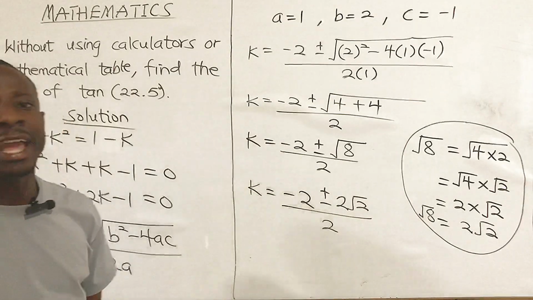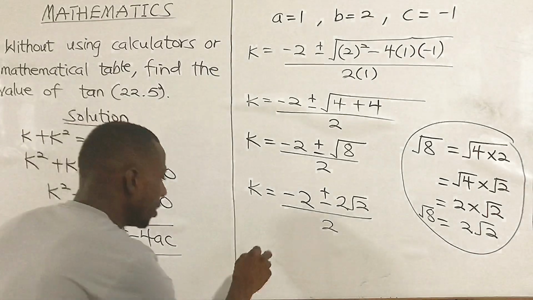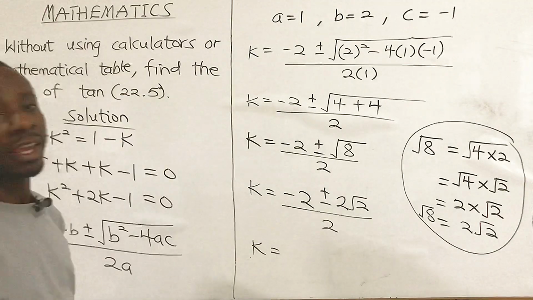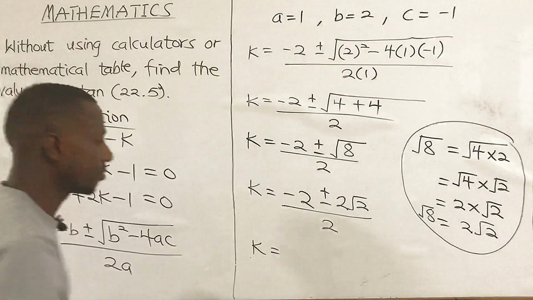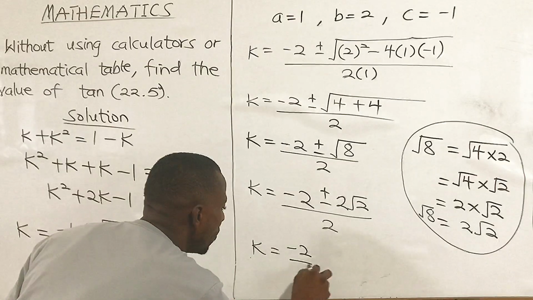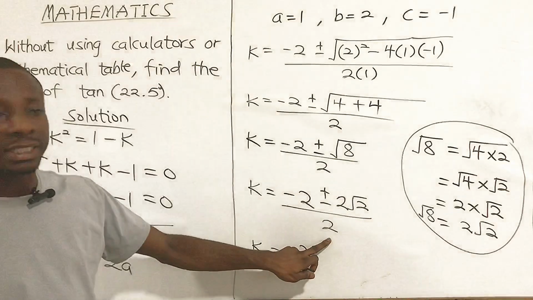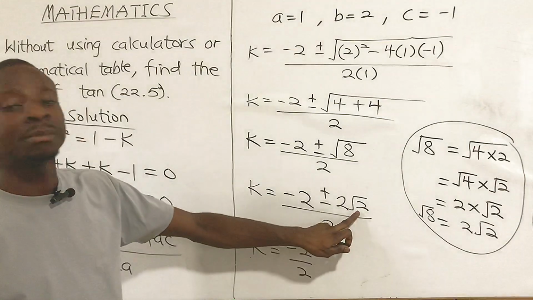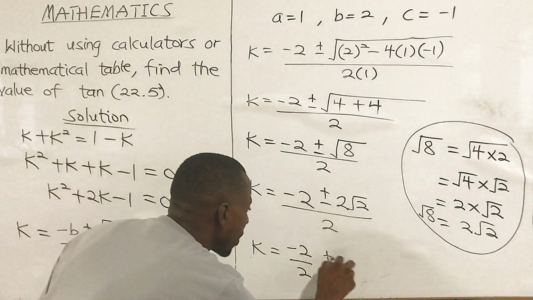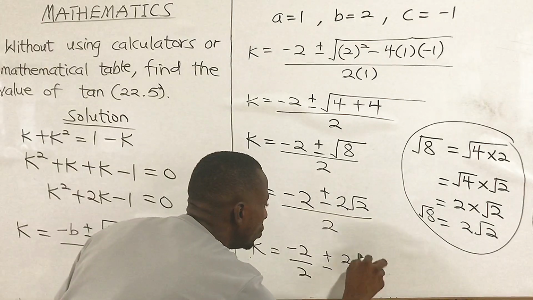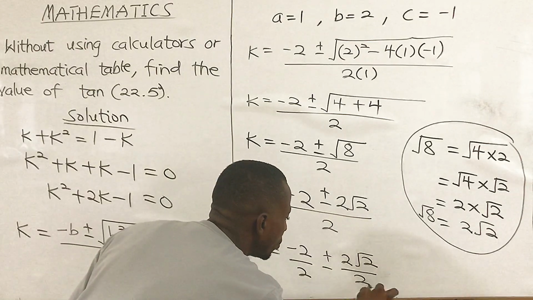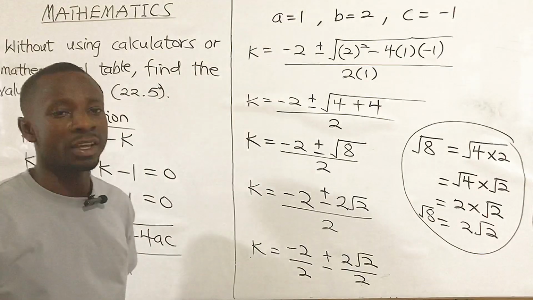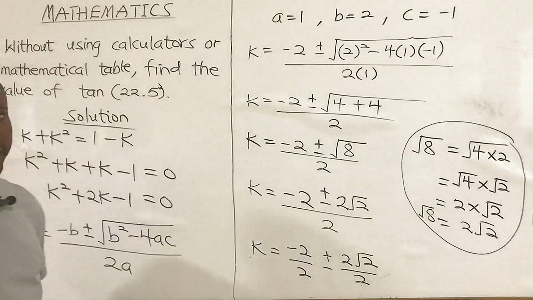When I get here, I am going to split. So I have k to be equal to negative 2 over 2 because the denominator is for this and at the same time for this, plus or minus 2 root 2 also over 2. And here we are going to simplify further.